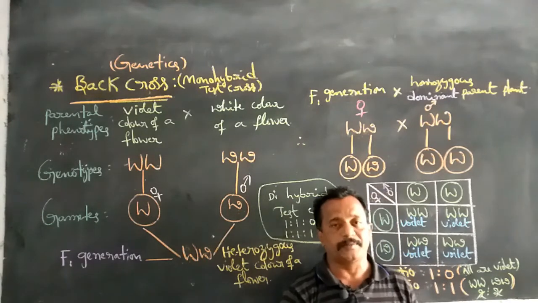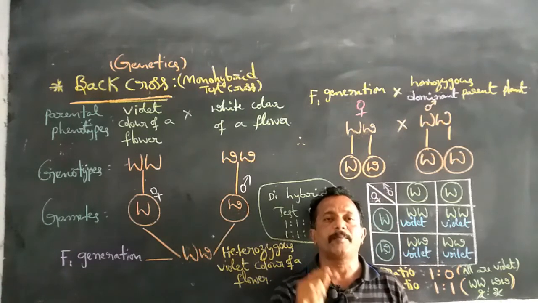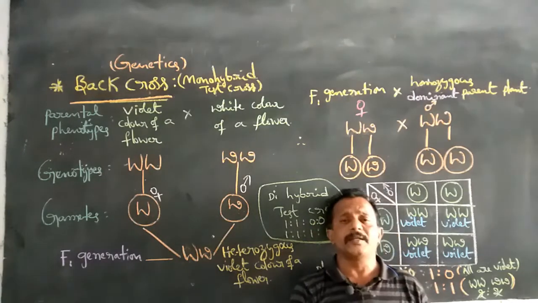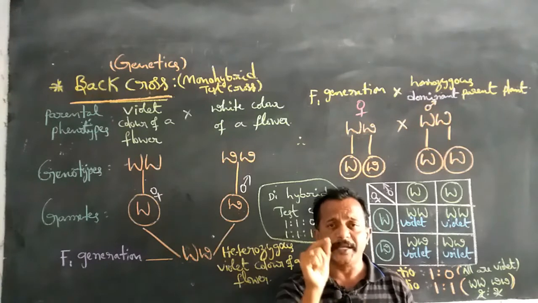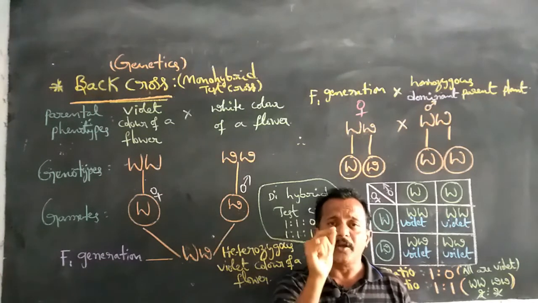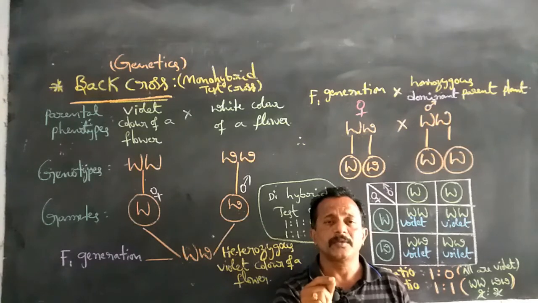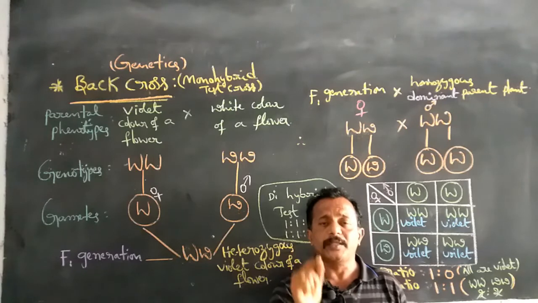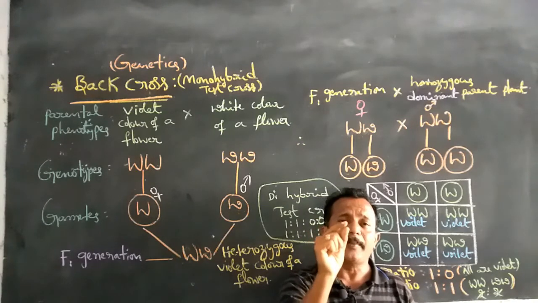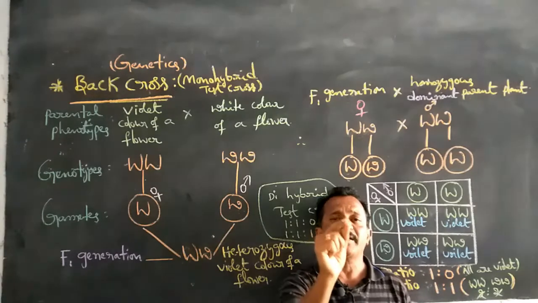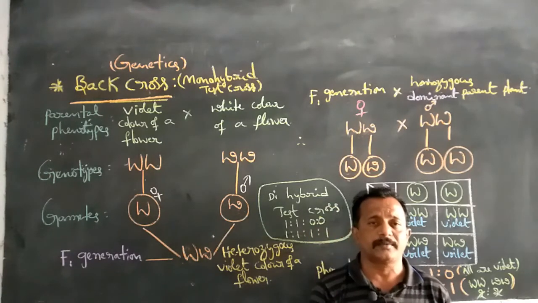but the definition is different. Once again, back cross means the F1 generation or heterozygous plants crossed with any one of the parent plants, that is called back cross.